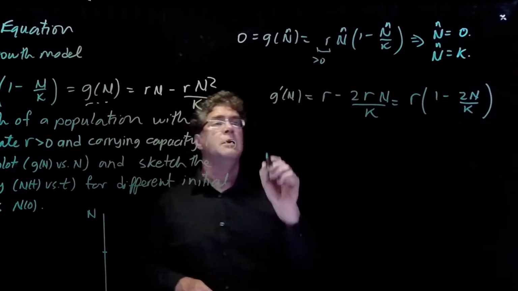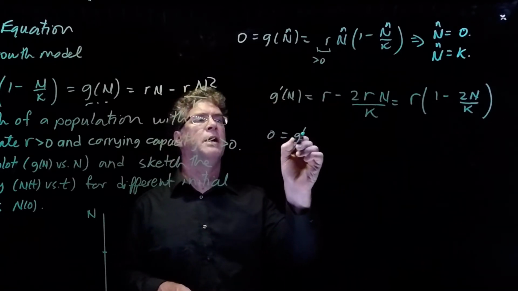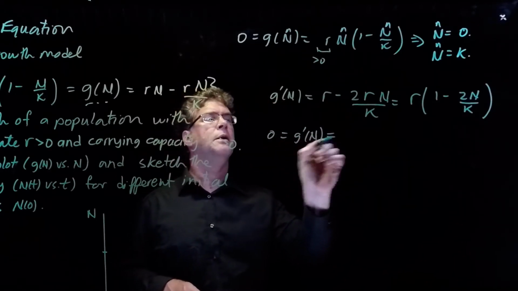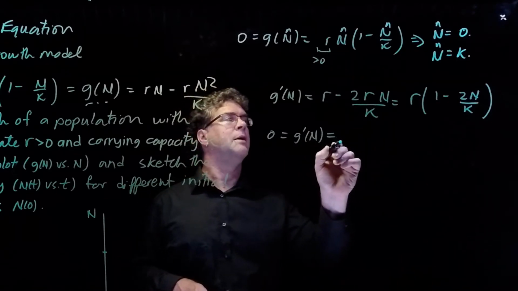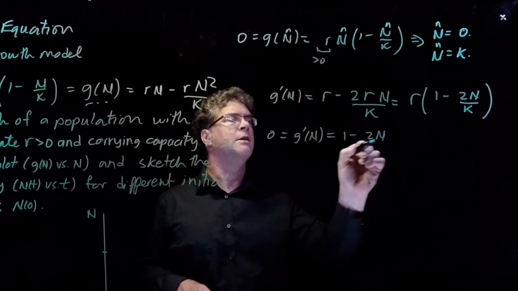And so if g prime of N is equal to 0, then we're going to have that 1 minus 2N over K is equal to 0.